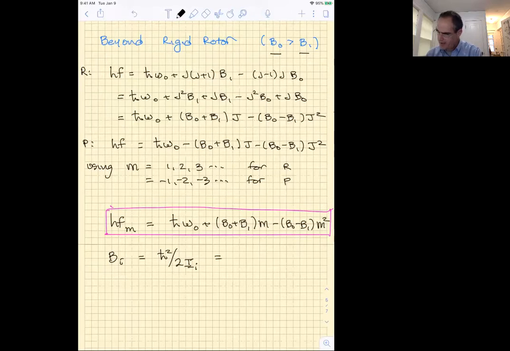And for a diatomic molecule, the moment of inertia is just mu r squared. So that B would be h bar squared over 2 times the reduced mass times the equilibrium distance between the nuclei squared. Okay? Be careful, by the way.